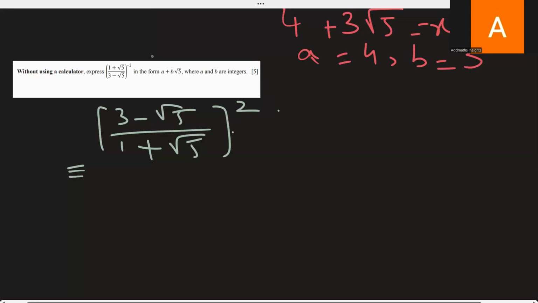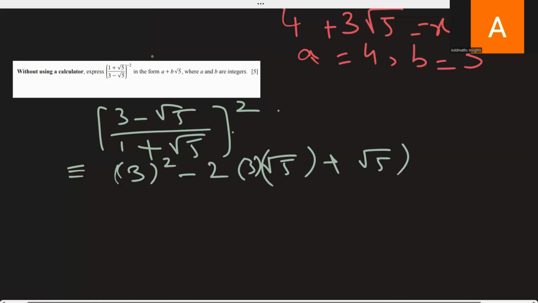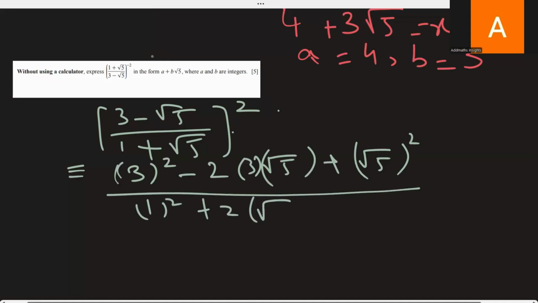So how can you expand it? 3 minus under root 5 squared is a squared minus 2ab plus b squared. And we also do the expansion: a squared plus 2ab plus b squared.